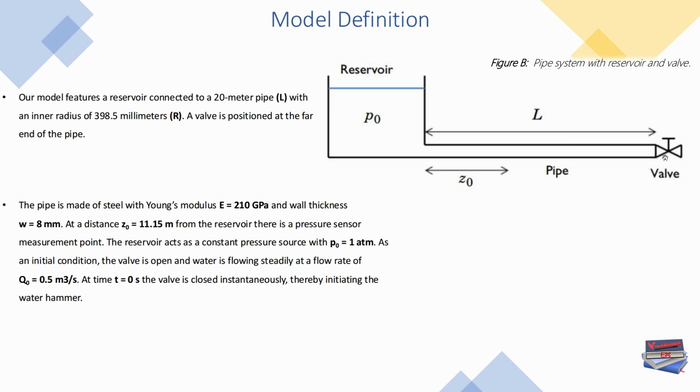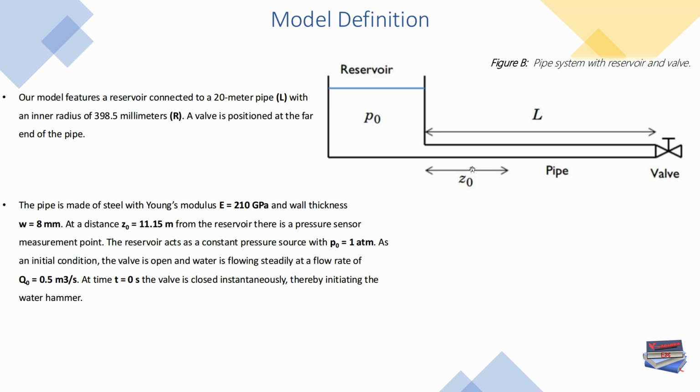We have a valve at the far end of our pipe where we have Z0 here that represents the location of the pressure sensor measurement point, and that's 11.15 meters.